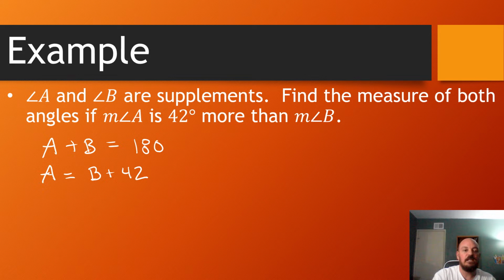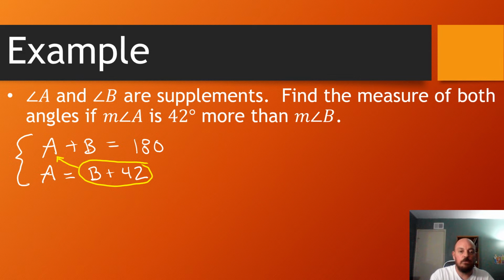What you have right here is what we called a system of equations back in first semester. So what we want to do is solve the system. If you remember how we did that, a good way to solve this system, since my second equation tells me what A equals, is a substitution. Let's take what A equals and substitute it for A into the first equation.